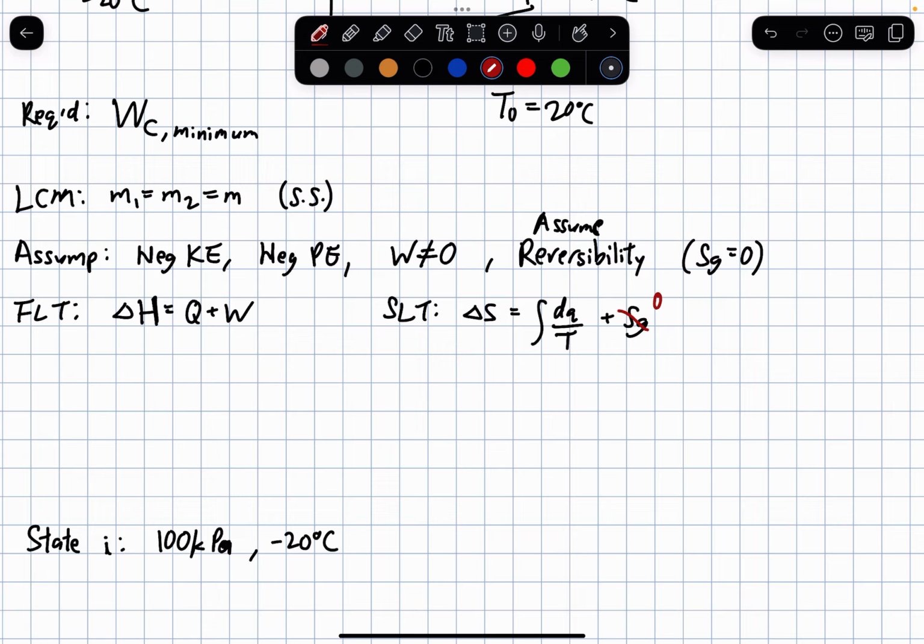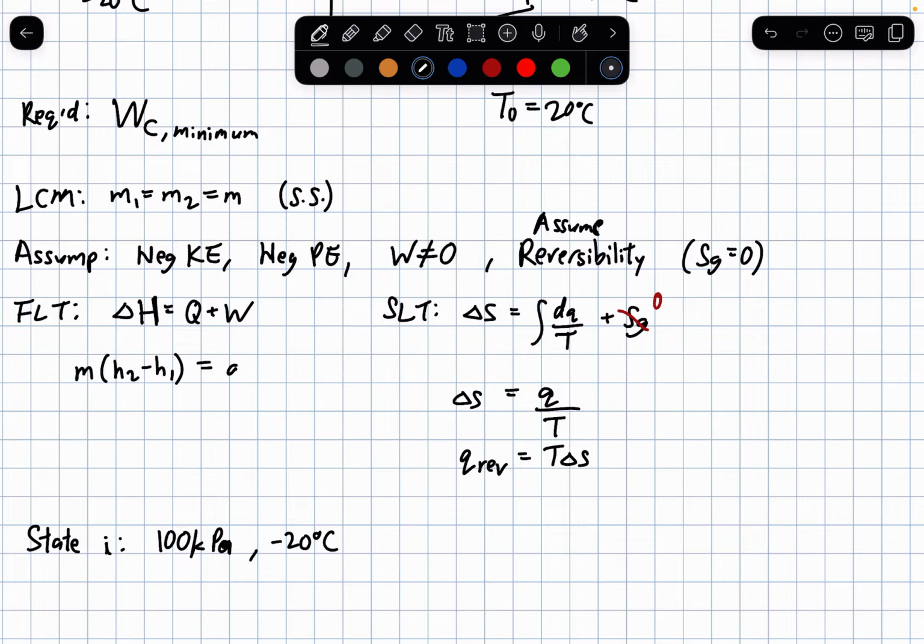So this one is going to be 0. So we have Q and then T and then delta S. Q reversible is T delta S. In that case, H2, H1, the Q here could be the Q rev and then work.